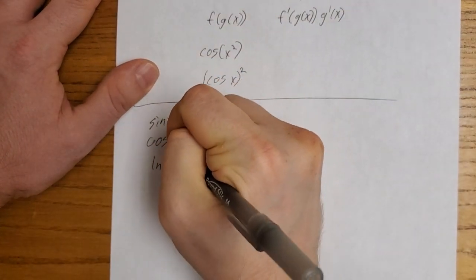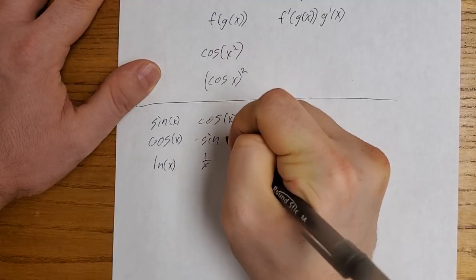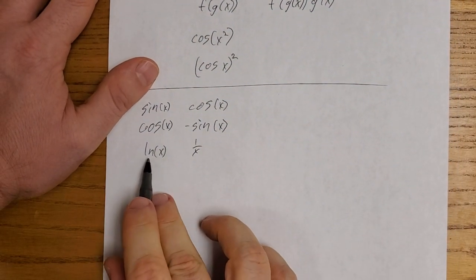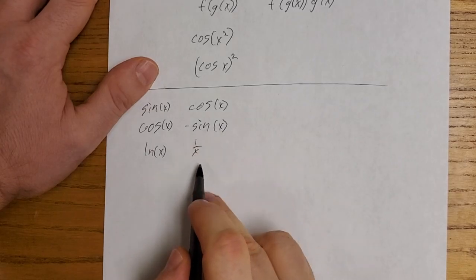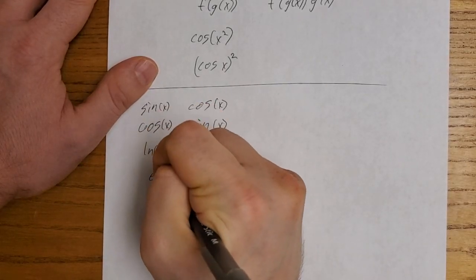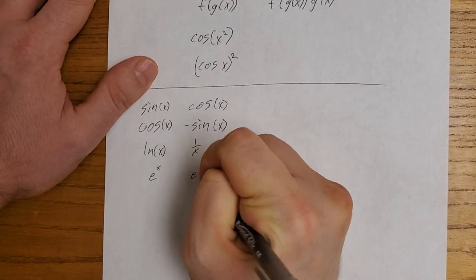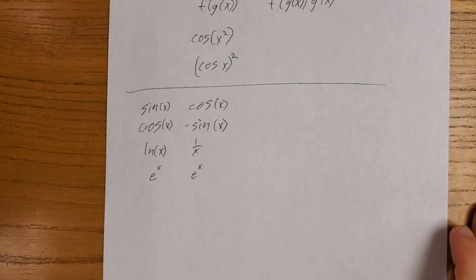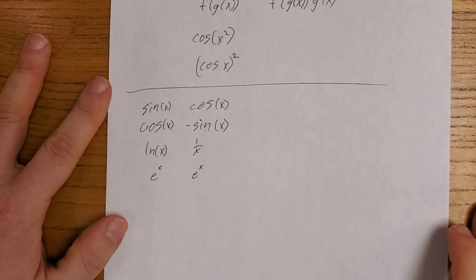All these are x, kind of implied. And e to the power of x is its own derivative. It does not change.